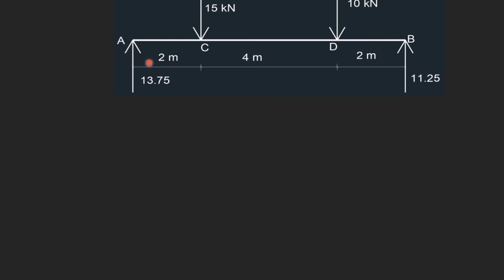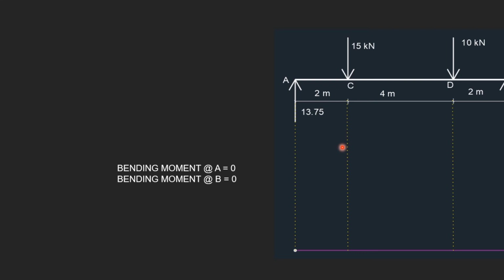We have a pin support here and a roller support here. So according to the support condition, moment at A equal to 0 and moment at B equal to 0. Let's mark this in the bending moment diagram. See, we have marked these two points.